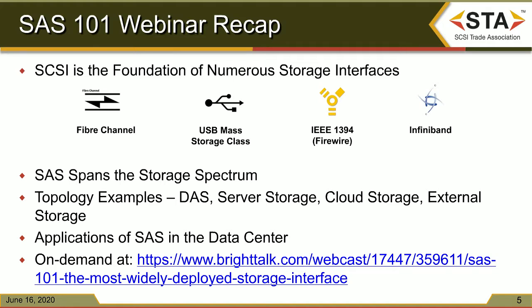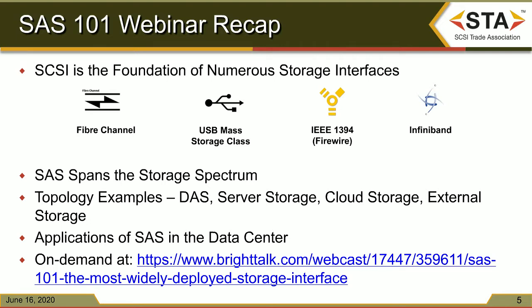These products include HBAs, RAID cards, expanders, of course the cables and connectors, the test equipment, and a wide variety of targets ranging from SAS HDDs and SSDs to SATA HDDs and SSDs. And remember, this is a long list of targets, including nearline drives, SMR drives, and multi-actuator drives.